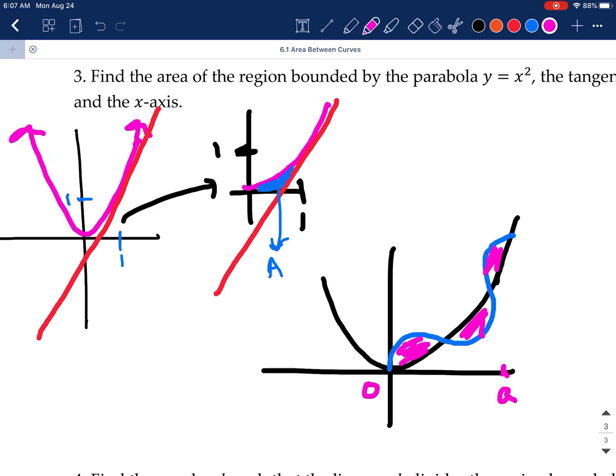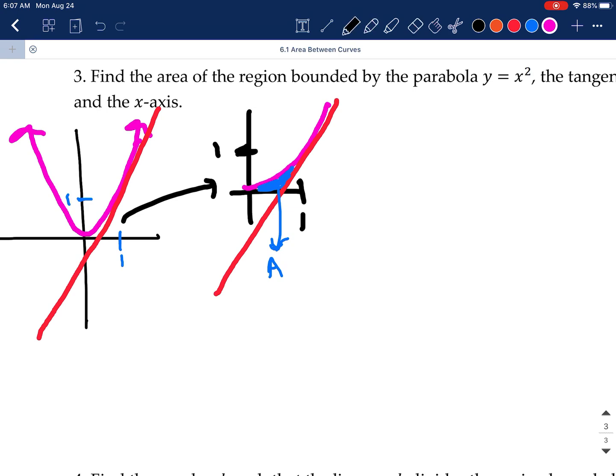So definitely be careful with how many areas you have, or again, we might simply say, okay, let's call this C. Just find the integral from C to A, or C to B, B to A, so we can find any of those specific areas if we wanted to separately.